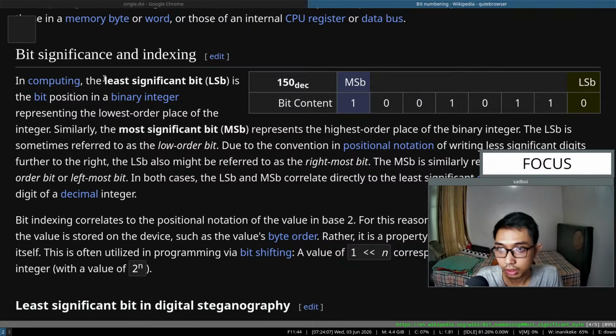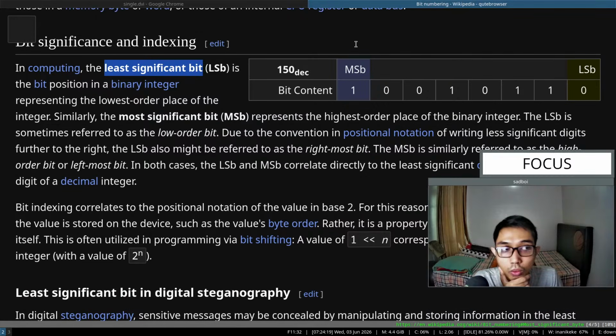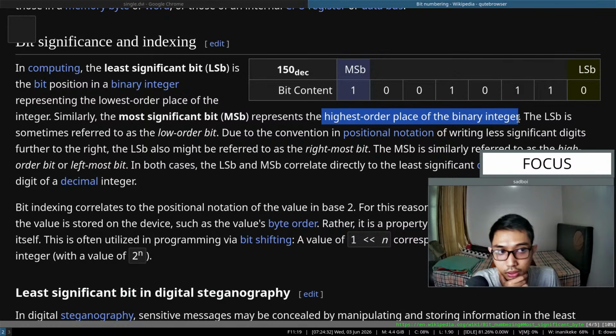But this one, it is called bit, most significant bit and least significant bit. Oh, most significant bit, least significant bit. Represent the highest order place of the binary integer.